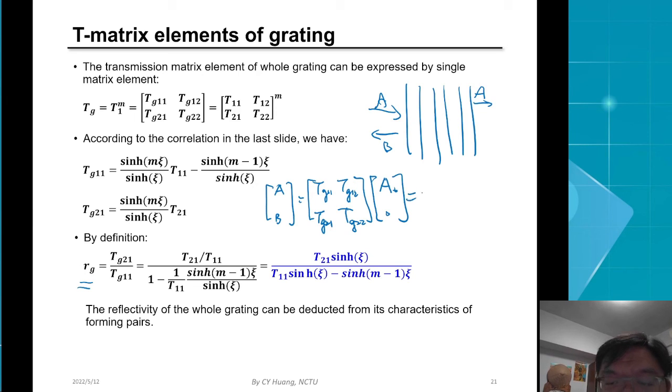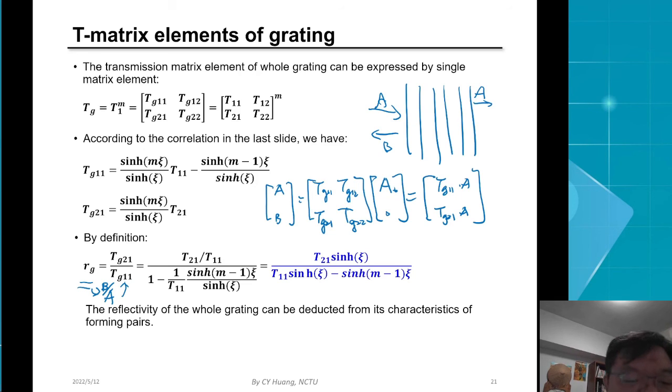If we simply look at the matrix this way, we find it will be TG11 and TG21 times A. So the reflectivity should be B over A for this case. So it will be TG21 over TG11.